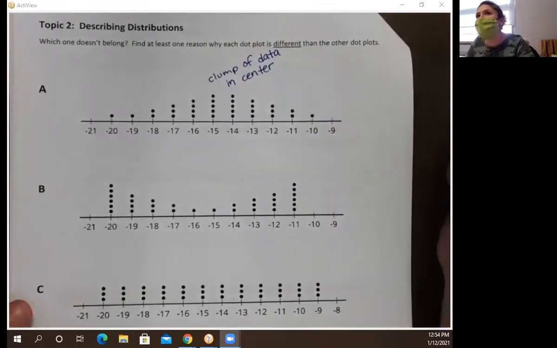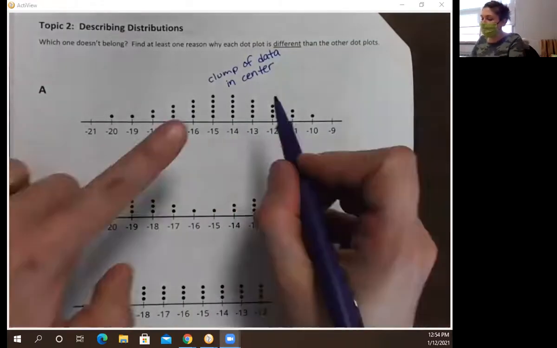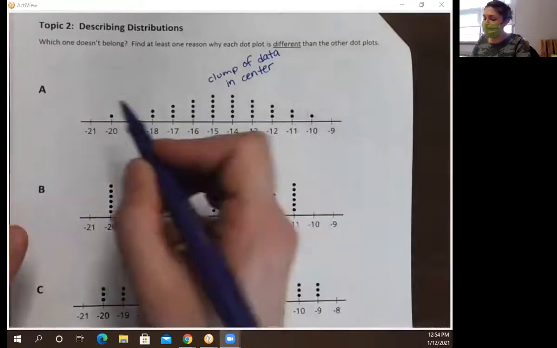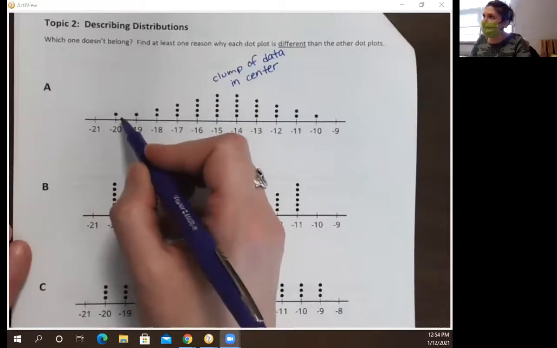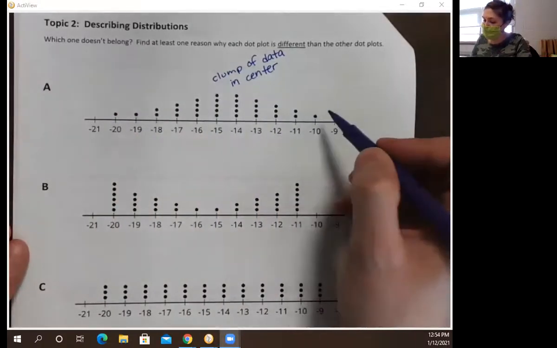And then as I move away from the center of those values that we cared about, notice that it tapers off. I've got very few values here at the left end and very few values here at the right end.